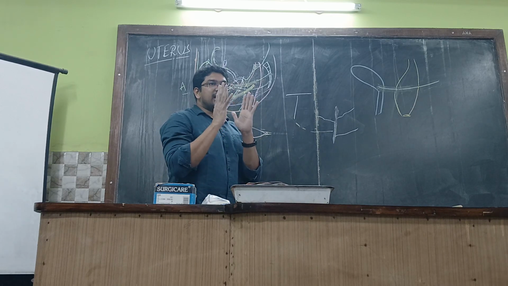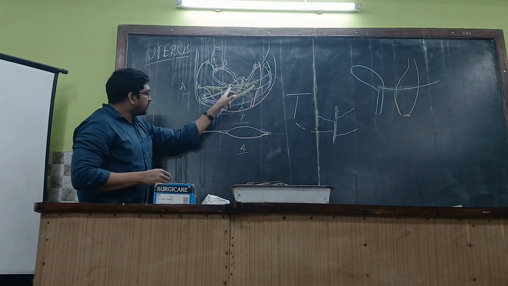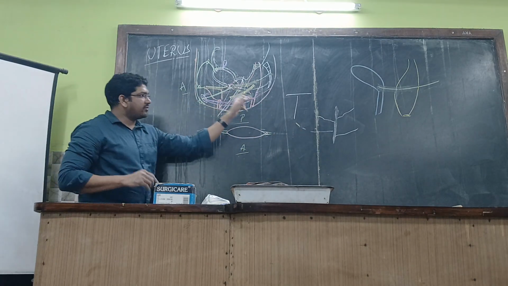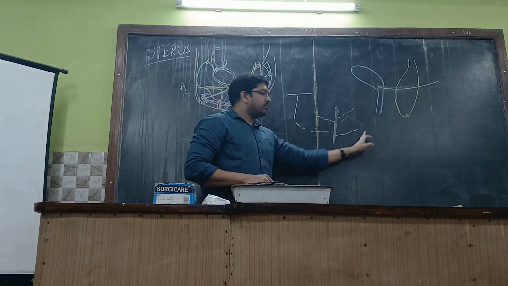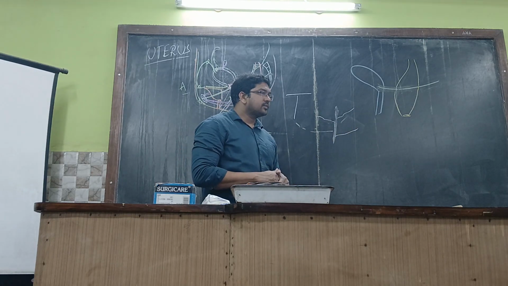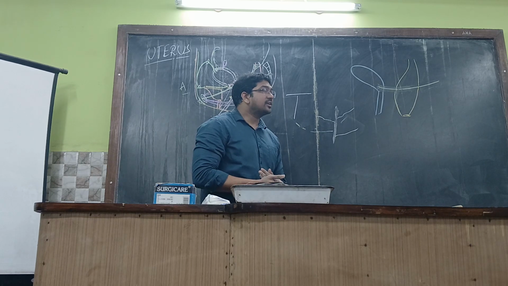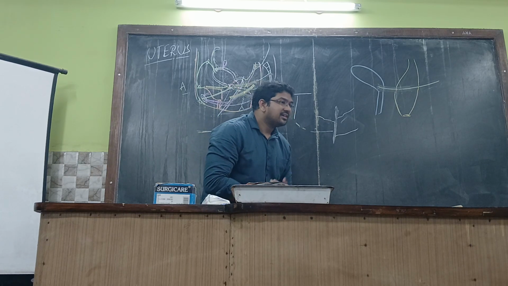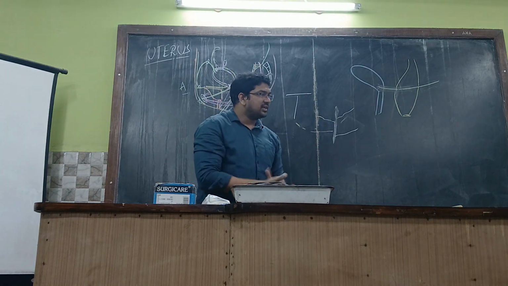The anterior wall and posterior wall of the cervix and vagina will be having longitudinal mucosal folds which will be branching over here, which is termed as arbor vitae. Have you ever heard? Arbor vitae means a branching tree, a Christmas tree appearance.